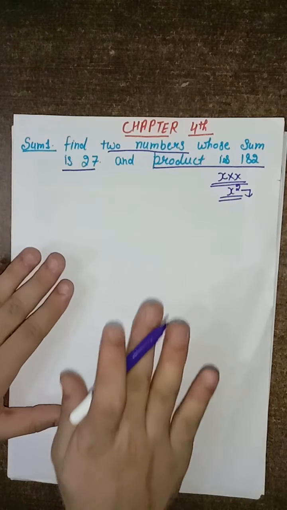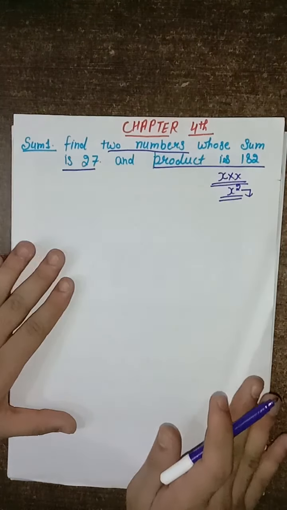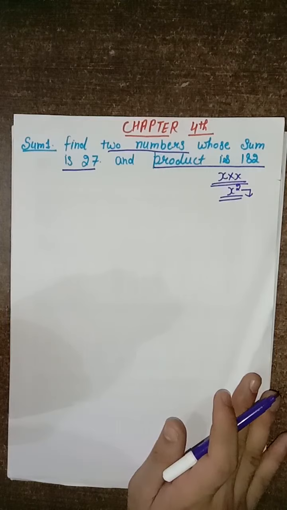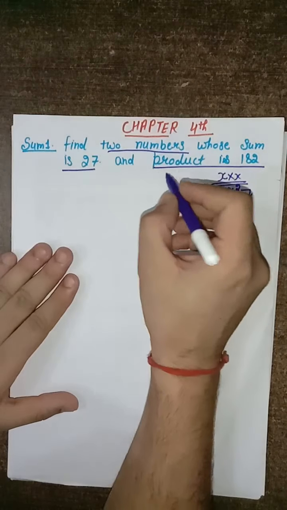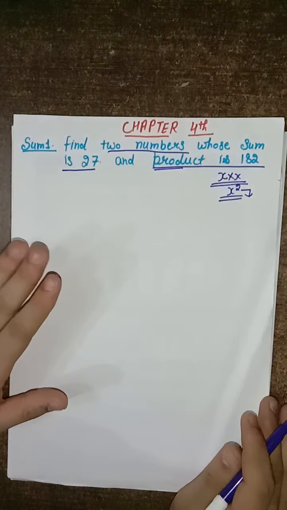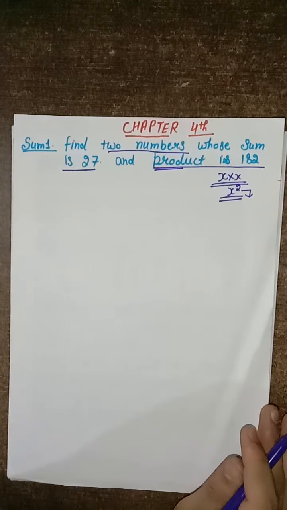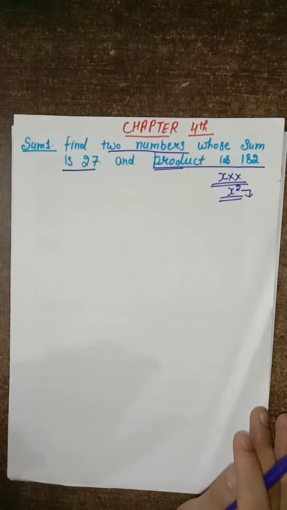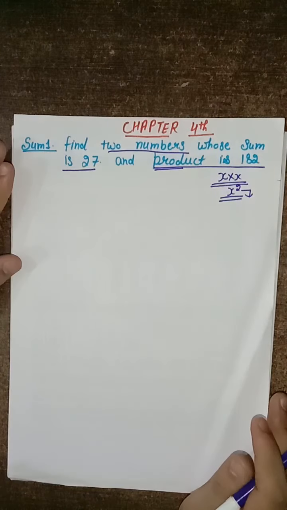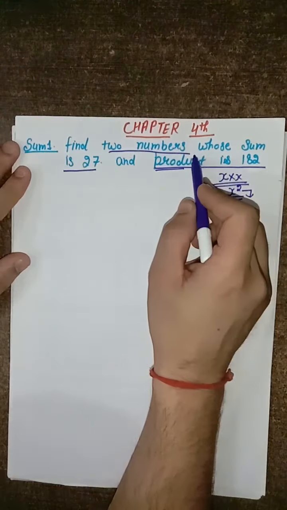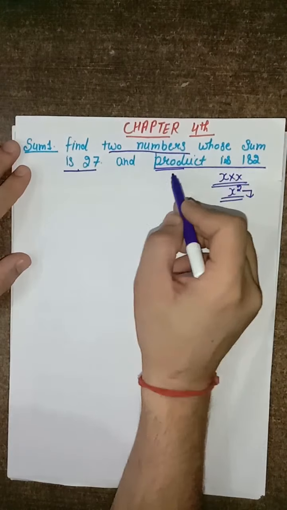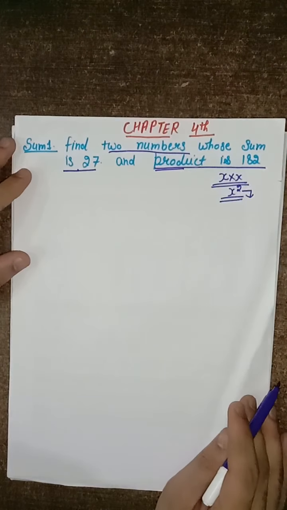Every question of chapter number 4, that is quadratic equations, will involve a product. In any statement we can easily find that there are two variables being multiplied. For example, in this question: find two numbers whose sum is 27 and product is 182.